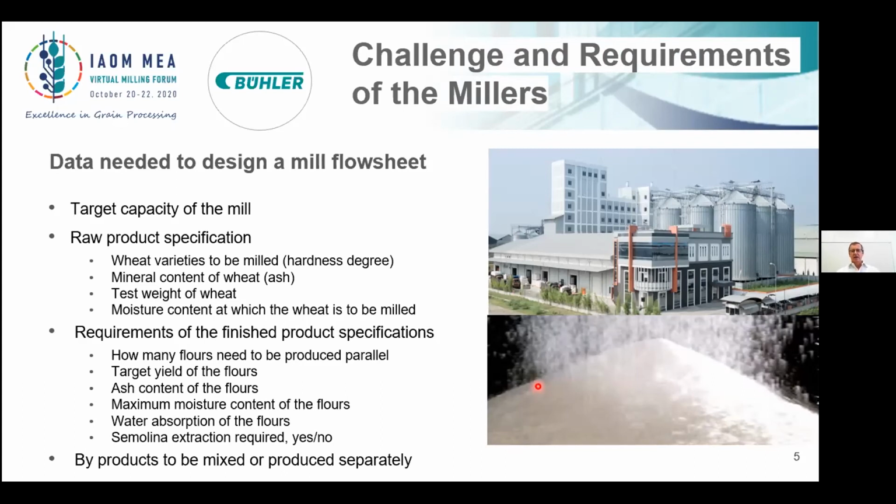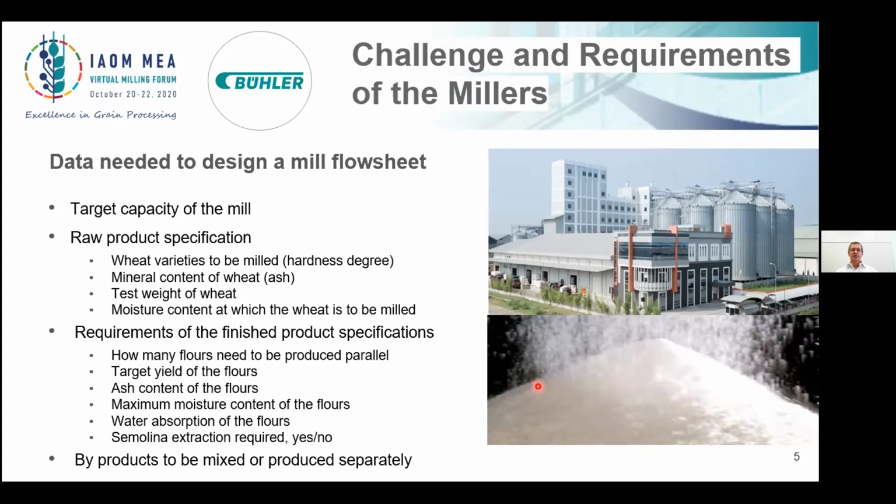When starting a new project to design a new mill flow sheet, the first question is the target capacity. What will be the capacity of the mill? Second, we need to understand the raw material, the wheat where it is, the mineral content of the wheat, the test weight, but also the moisture from where it comes and on which moisture we need to mill it.